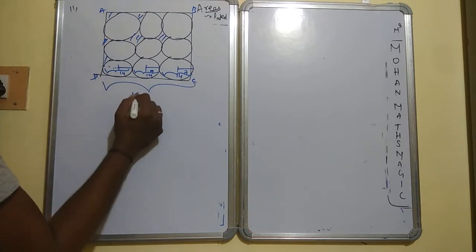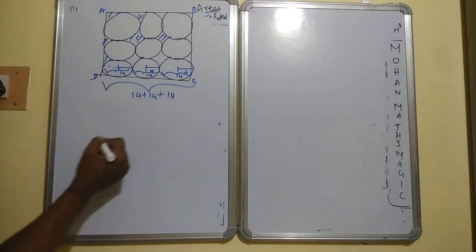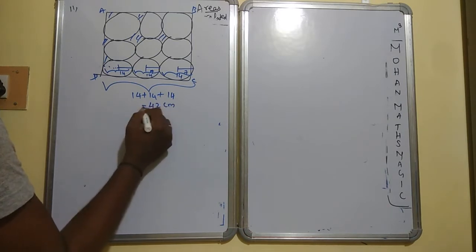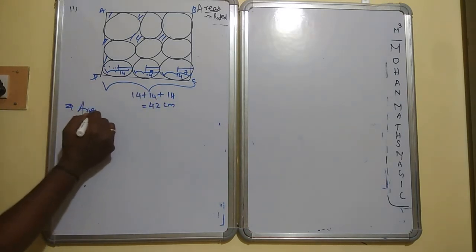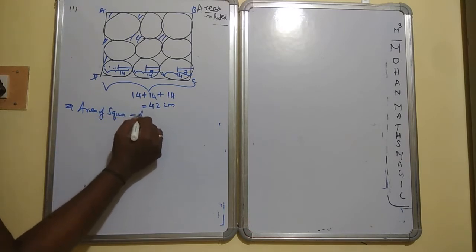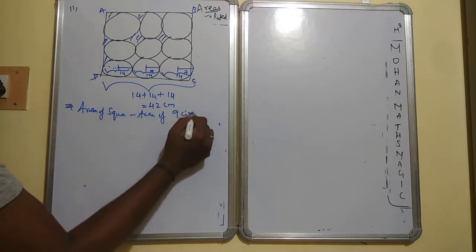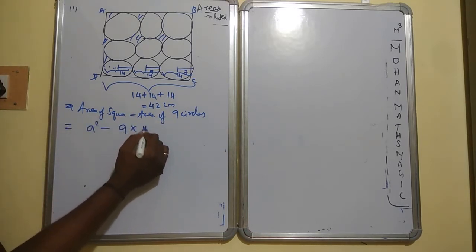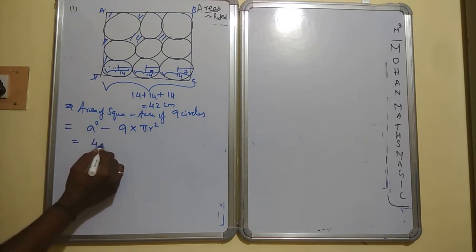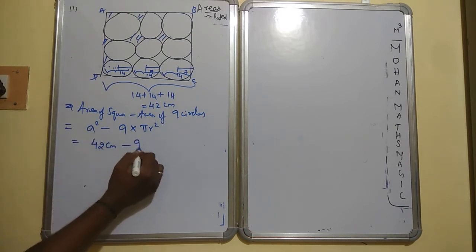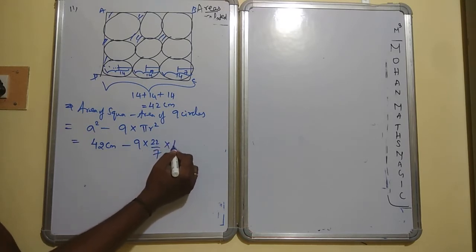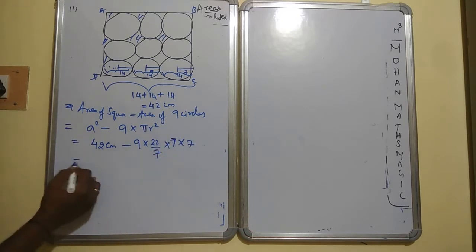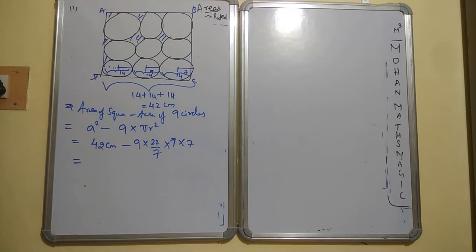Suppose the side is 14 plus 14 plus 14, which is 42 centimeter. So the concept is area of the square minus area of 9 circles. Square a square minus 9 into circle pi r square: side 42 centimeter, minus 9 into 22 by 7 into radius 7 into 7. Therefore, finally you get the answer: 378 centimeter square.